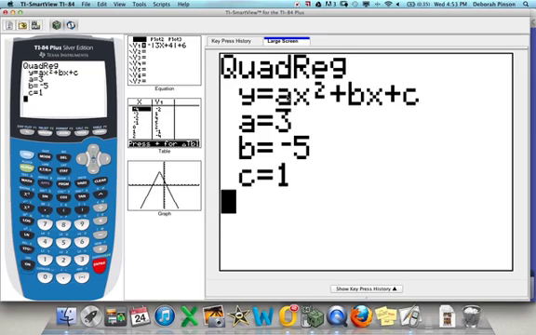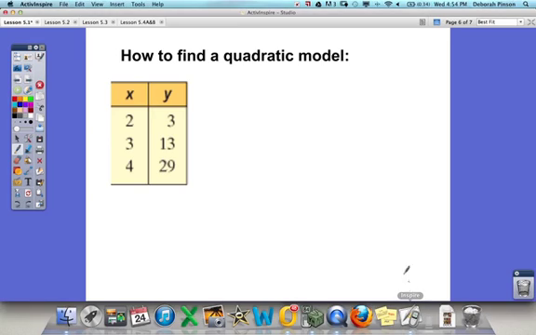I don't know why they couldn't just put the 3 here, put the -5 there, put the 1 there, but they don't, so you've got to do that yourself. But they're telling you what the A, the B, and the C is. So let me come back over here and let's write out our equation. Our A was 3, our B was -5, and our C was 1.